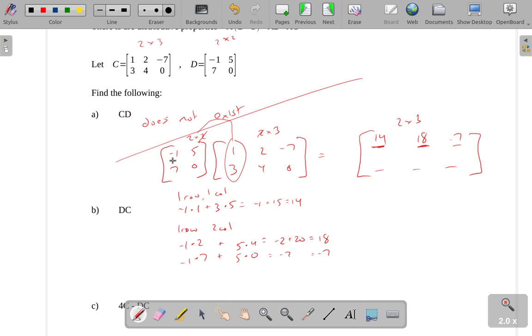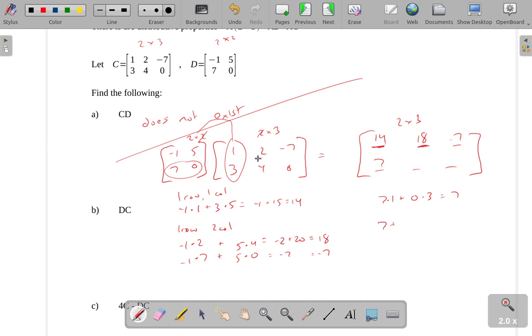Then we can do the same thing for the second row. But instead of using the -1 and the 5, I'm going to use the 7 and the 0. Again, imagine picking up this row and flopping it over. The 1 hits the 7, and the 3 hits the 0, which gives 7.